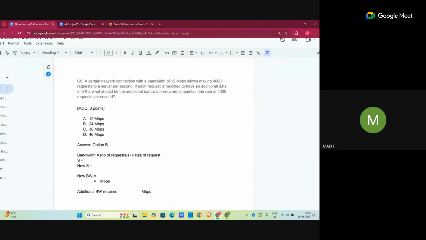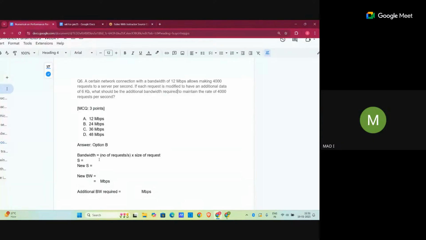Bandwidth is equal to number of requests per second into size of request. So first we have to calculate the size of request, which is bandwidth divided by number of requests per second.